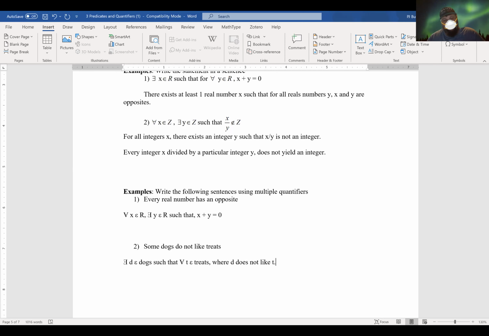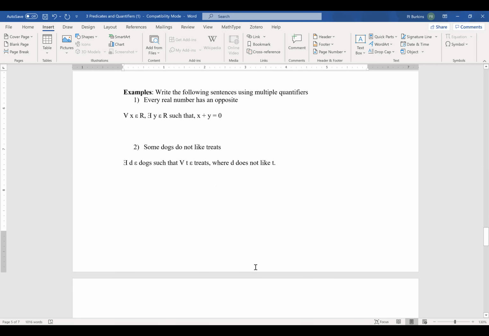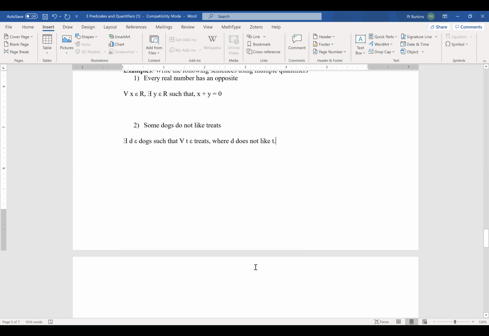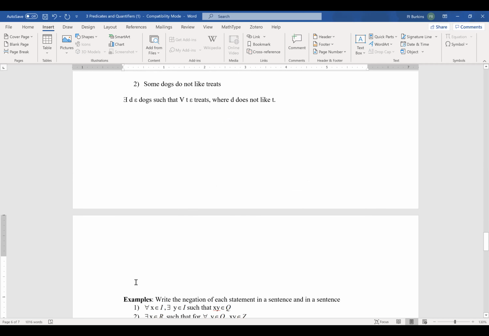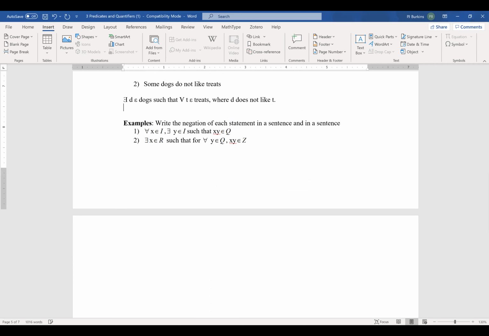Such that I don't care what kind of treat you choose, all treats, where the dog will not like the treat. And that's what the sentence says, right? Some dogs do not like treats. So I'll leave that there in case you guys want to continue looking at that one.